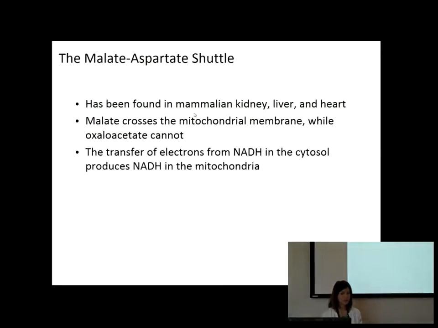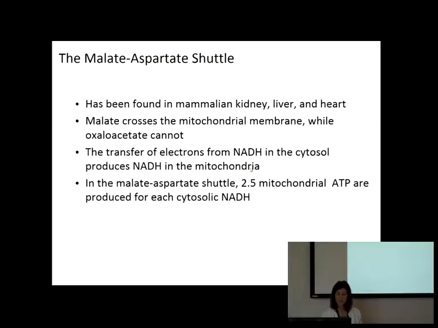It's a little bit more complex than the Glycerol-Phosphate Shuttle, but really what I want you to remember is that the malate is going to cross the membrane.